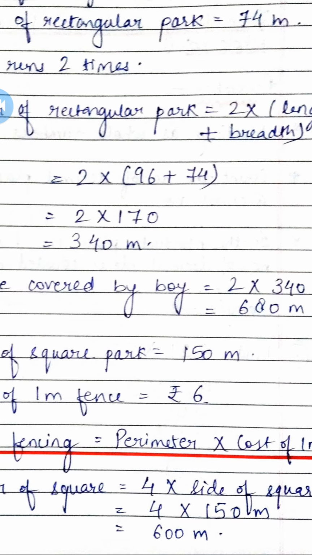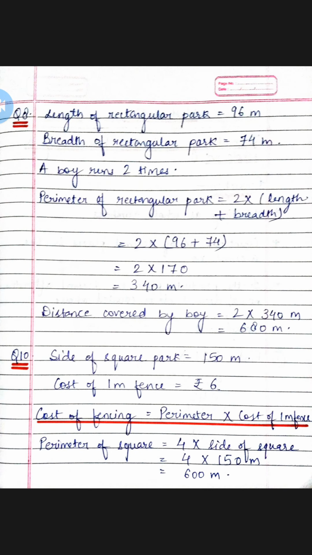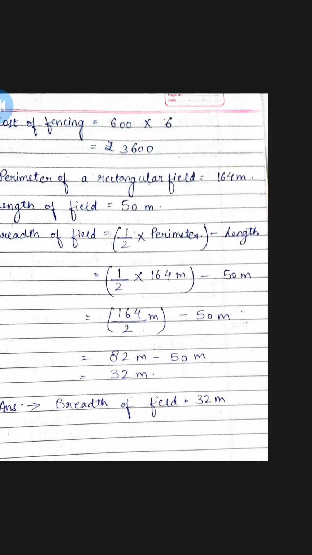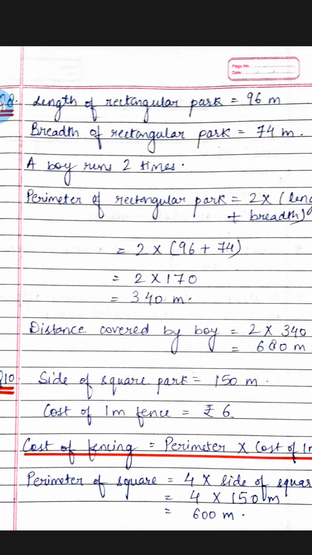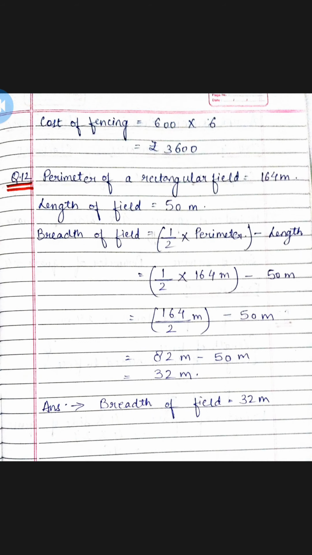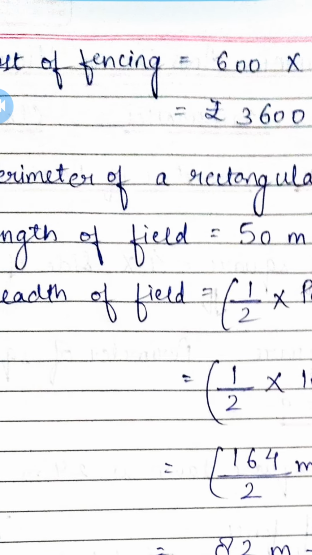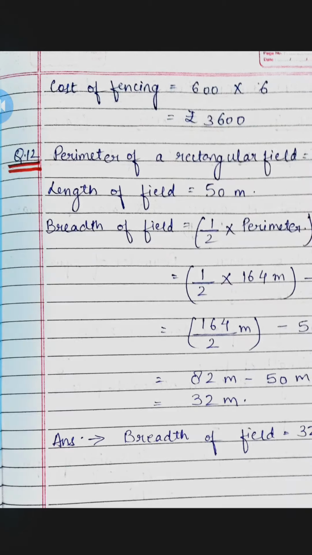Answer, perimeter has come how much? 600 meter. Now you have to find out the cost of fencing. So you will multiply the perimeter by the cost of 1 meter. Cost of 1 meter is how much? 6 rupees. So multiply 600 by 6. How much has come? Rupees 3600 is the total cost of fencing the square park.